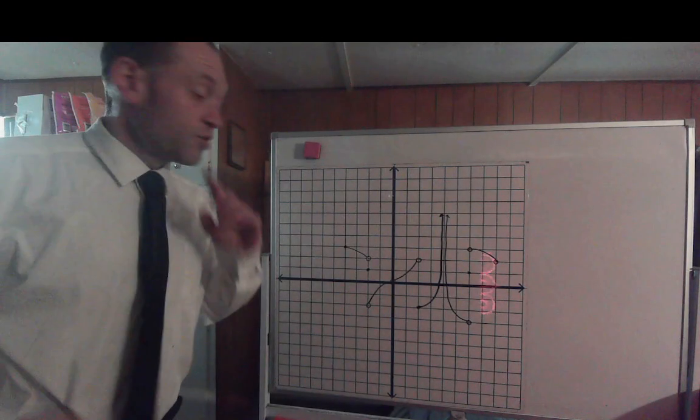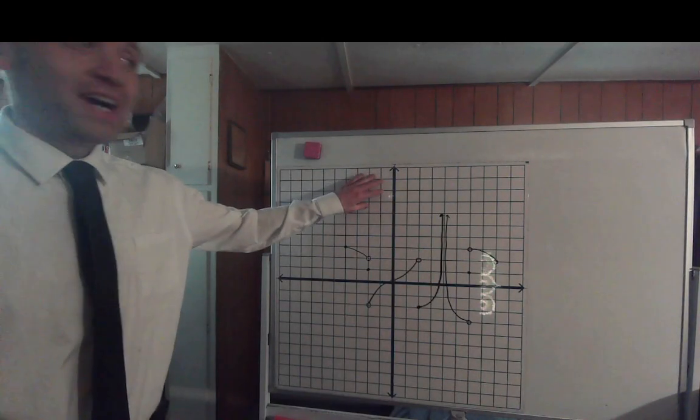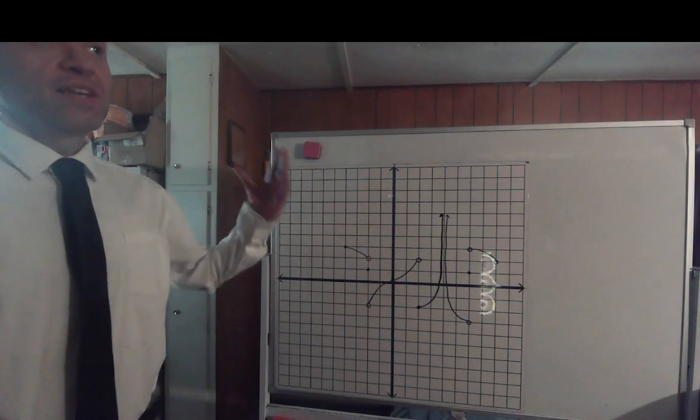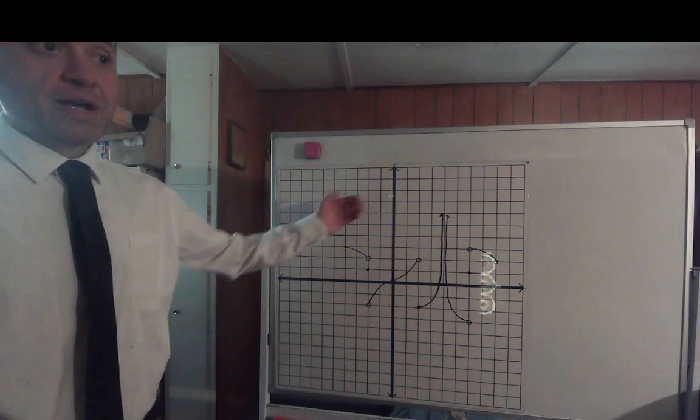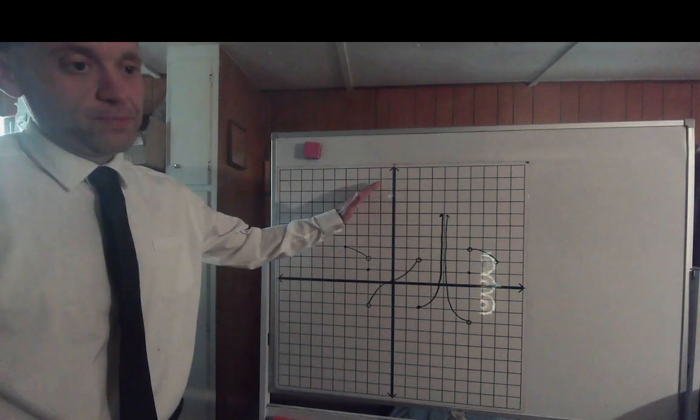So you're probably wondering, what the heck is this abomination of a graph? This is what we call crazy graphs. These are usually just man-made by your professors. This isn't even a particular function.